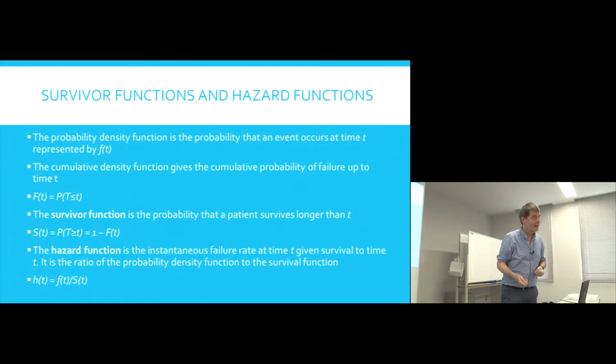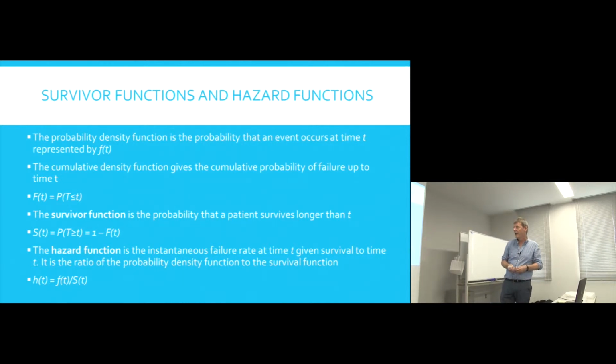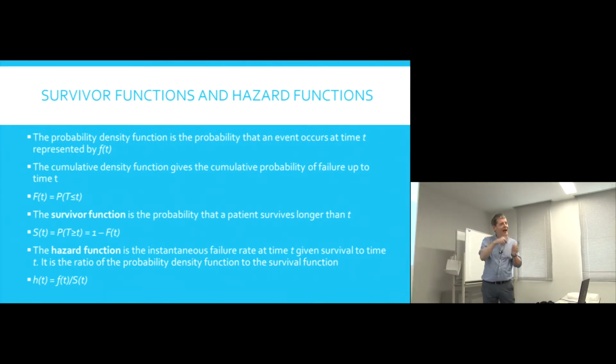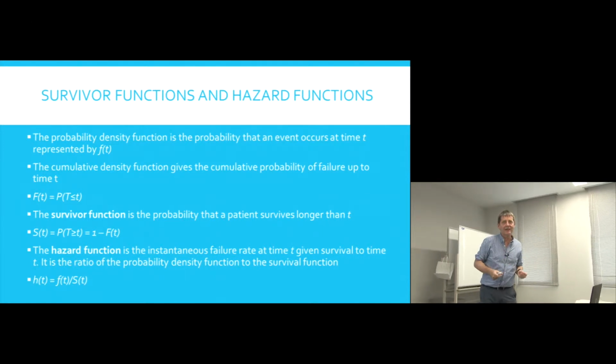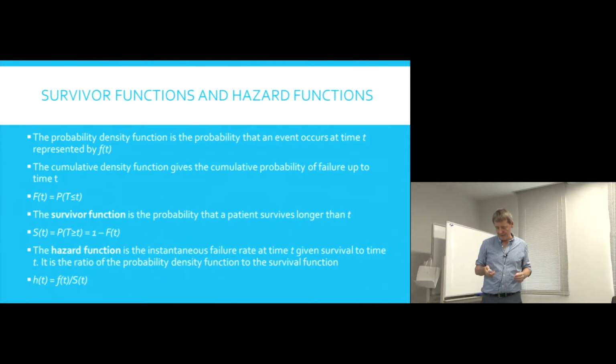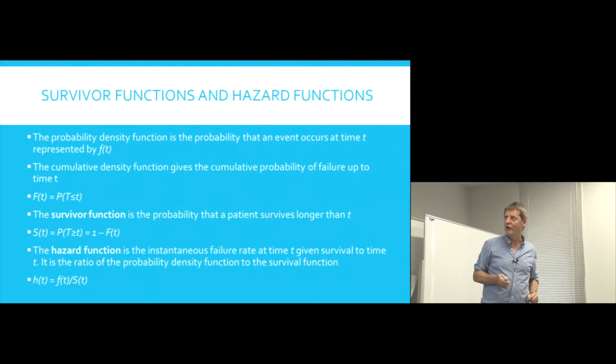That's the hazard. The survival function is showing what proportion made it to 6 months or what proportion made it to 9 months. The hazard is saying, if you survive that far, what's your risk of death in the next short time period? And so for any survival function, there's a companion hazard function. They're statistically related. That's all you need to hold in your mind.